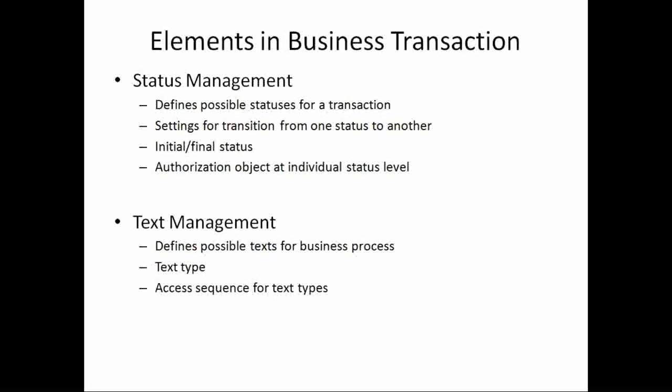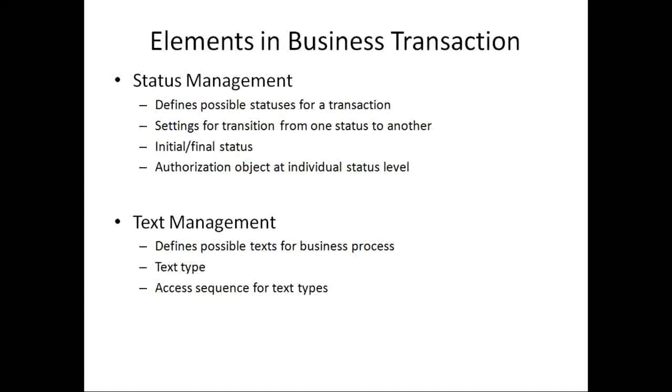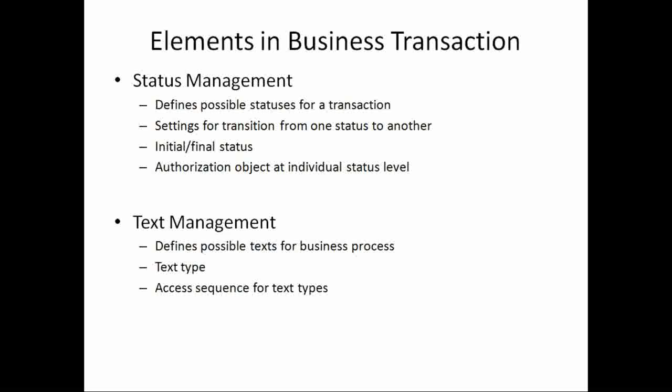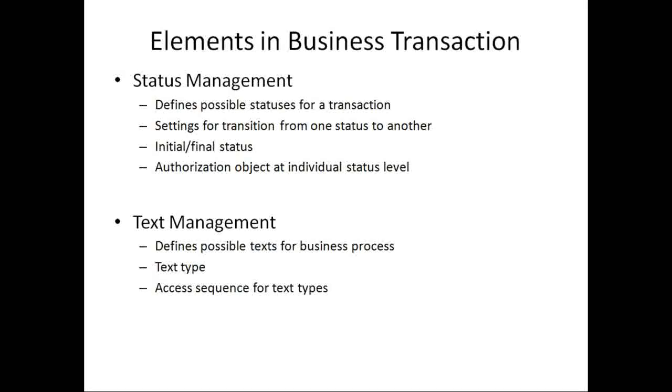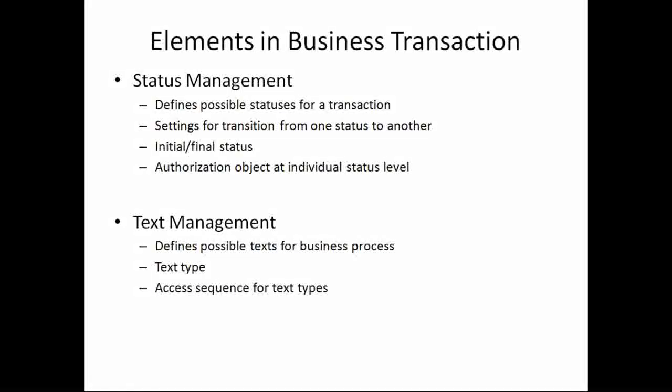Say for example, we are working on a sales order, a transaction which will have its own transaction type, and now the sales order is in an initial status. Once it is in process, some details or information will be logged, where based upon the status, we can select different text types and log the text in the given area.